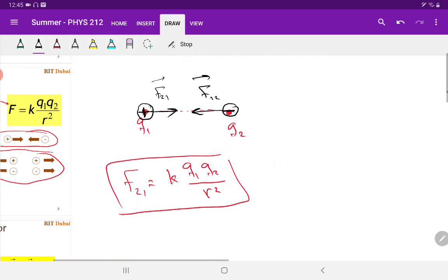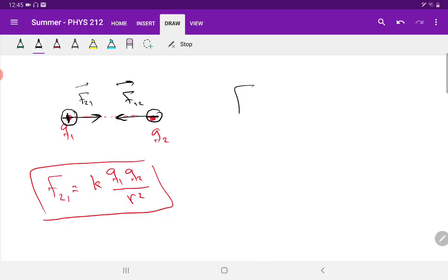So how can we describe this? It will be F12, or let's say F21 here. By the way, we'll ignore that later on when we try to solve problems. We'll try to be a little bit smart when we describe the force. It will be K Q1 Q2 over R squared, R hat.